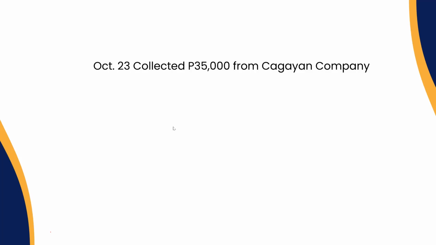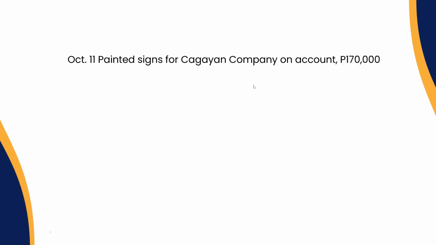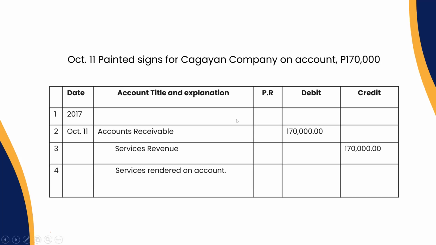Okay. So, on October 23, proceed tayo. October 23, the transaction is we collected 35,000 from Cagayan Company. So, if you remember, balikan lang natin yung October 11. 'Di ba? Nung October 11, we painted signs for Cagayan Company that is 170,000 on account.